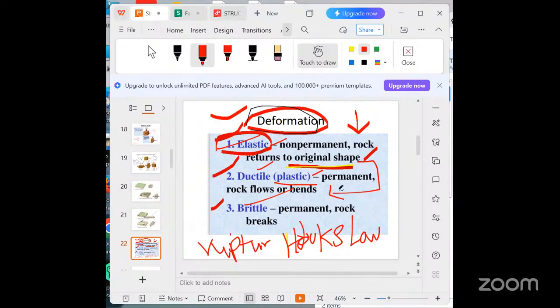The elastic deformation is primarily of importance in analyzing tidal deformation of the solid earth and in investigating the transmission of seismic waves through the earth.